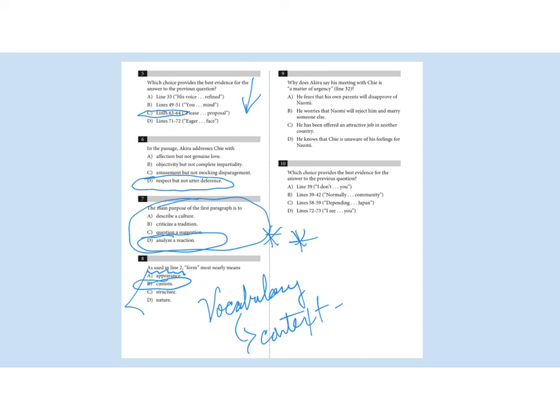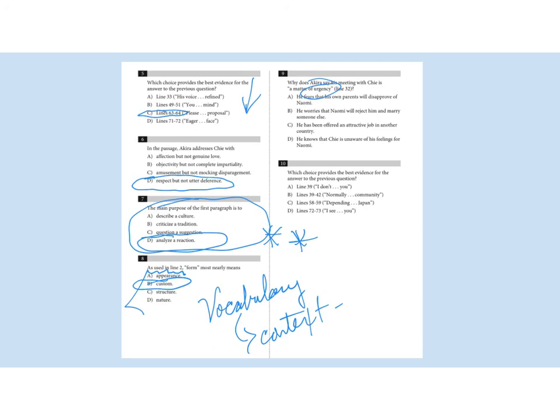Now, why does Akira say his meeting with Chi is a matter of urgency? This is a factual question. We know that urgency means he's got to rush. There's no time to wait, so to speak. We get the answer somewhere around lines 41 and 42 when he starts talking about the fact that he has an opportunity to go to America, to be a dentist to the Seattle Japanese community there.